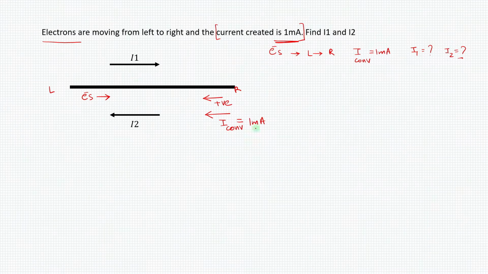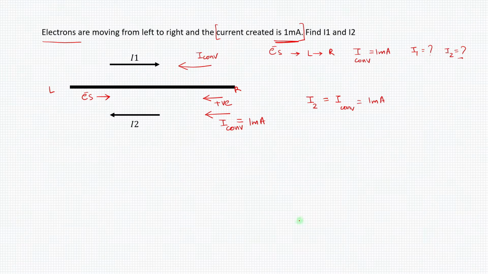So now you can see this diagram. You can see that I2 is in the same direction as the conventional current, and everything is flowing through the same wire, right? So the magnitudes should be equal. So I2 will be equal to conventional current. That value is 1 milliampere. Whereas I1 and the conventional current are in the opposite direction.